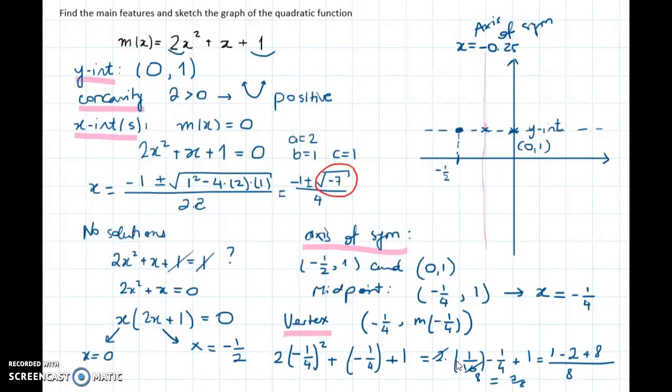Positive, less than 1, and then I'll write it over here, vertex (minus 1/4, 7/8). And it's going to be a minimum, of course, we already knew that. So now we can more or less complete the sketch of the function we have over here. This is y equals m of x.